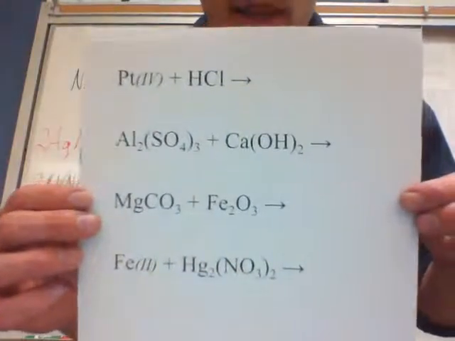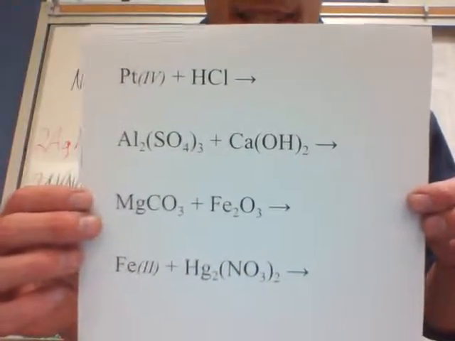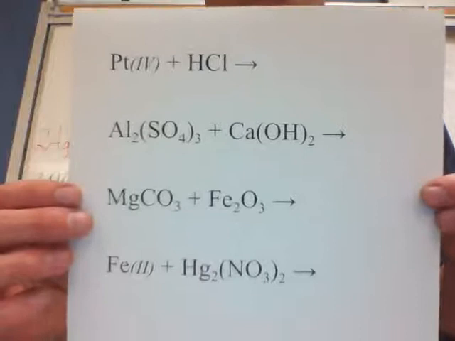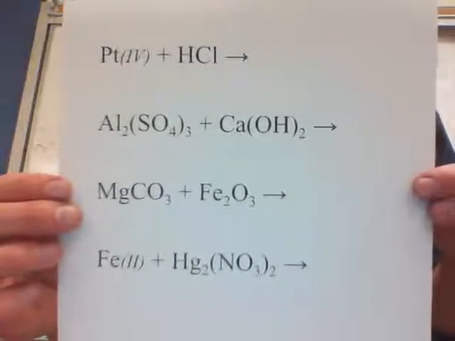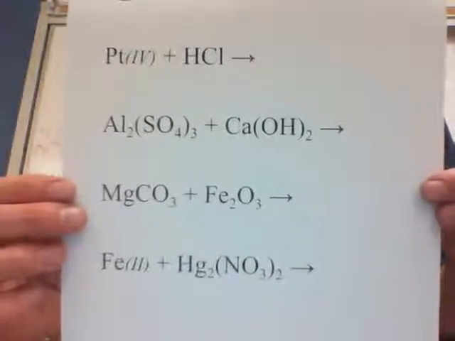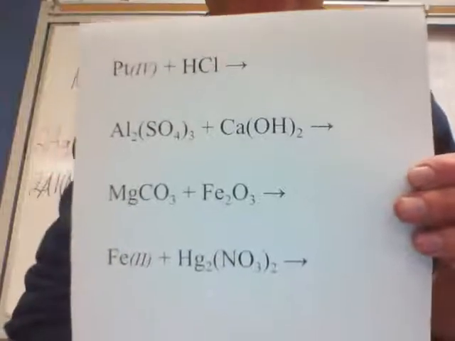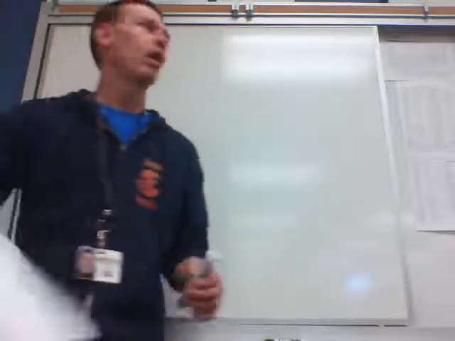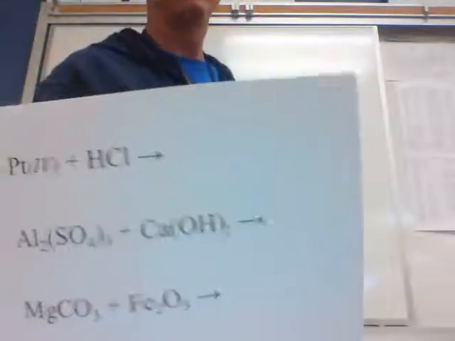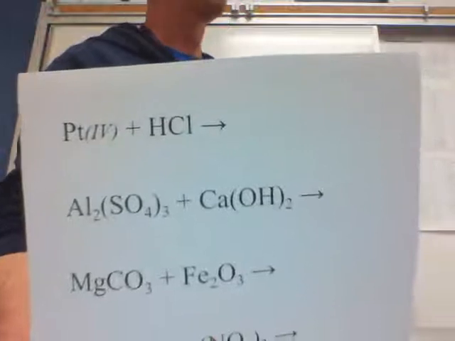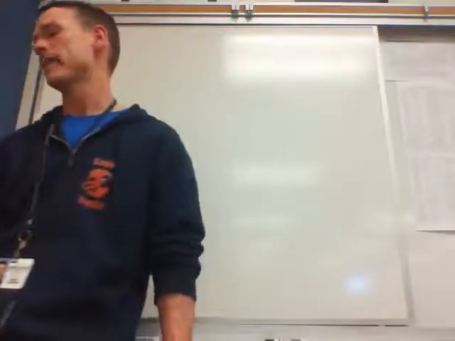If you're at home, pause the video, write these down, and solve them. I recognize the first reaction as being single replacement because there's a free element reacting with the compound.